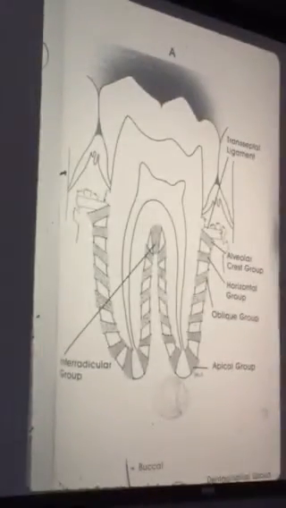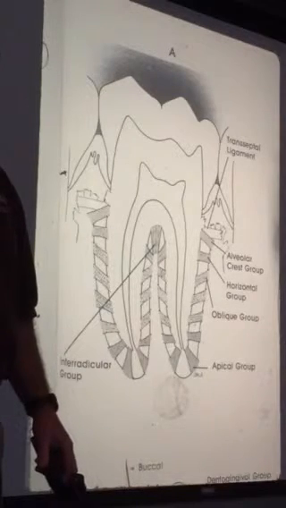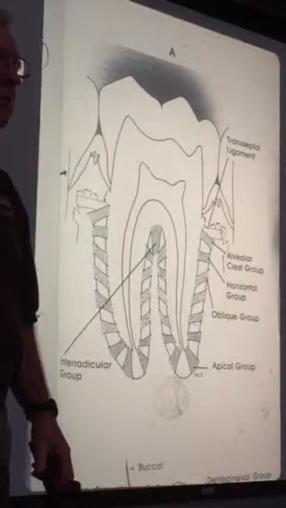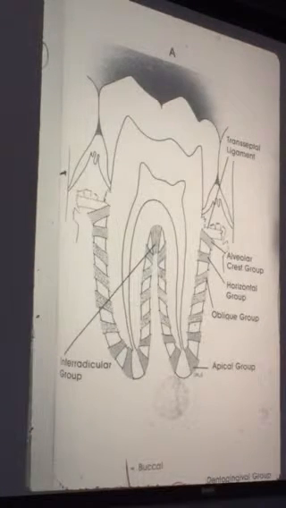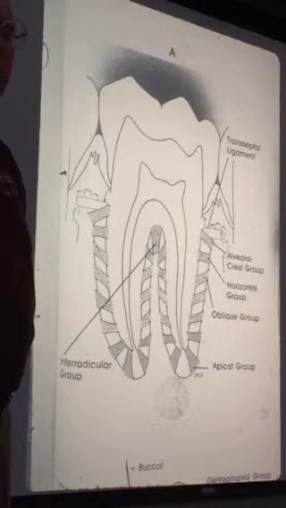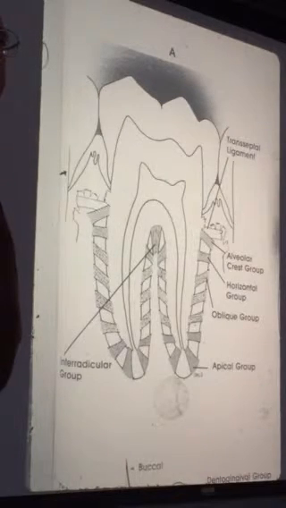Okay, now, you should certainly go over all of the fiber groups in the PDL. You've got to be able to draw this in your sleep and be able to recognize them on the lab practical, including the transseptal ligament and also the associated gingival fibers. Now, the only gingival fiber I'm not going to ask you about or put on the lab practical would be the alveologingival fibers.